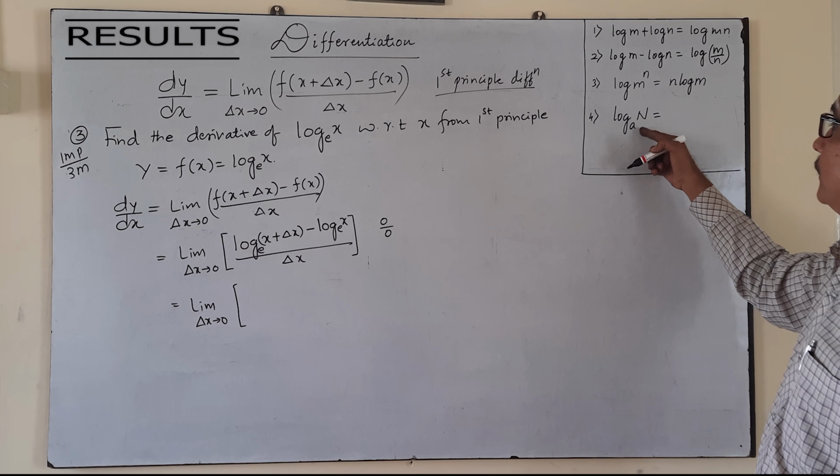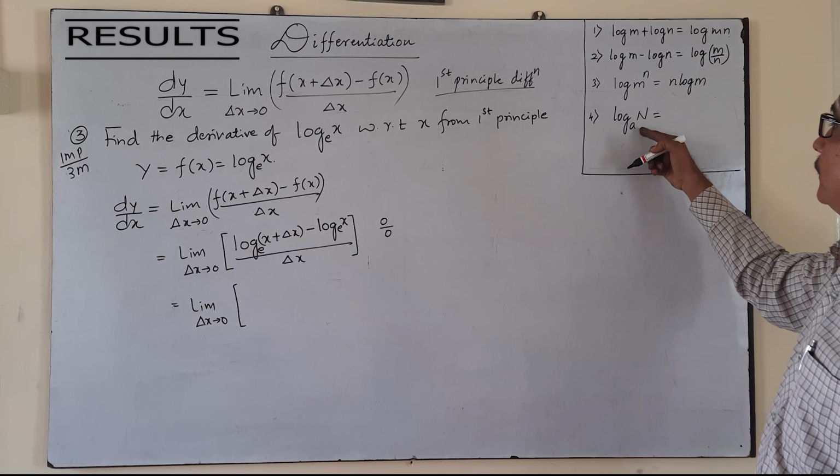Are they the same or does it change? Check and see what happens. What extra did I take? I took x. 1 by x into x by delta x, x cancels, remaining value is log of 1 plus delta x by x divided by delta x, that is the same. Okay, now that is equal to 1 by x taken outside, limit delta x tends to 0, x by delta x into log of 1 plus delta x by x to the base e.